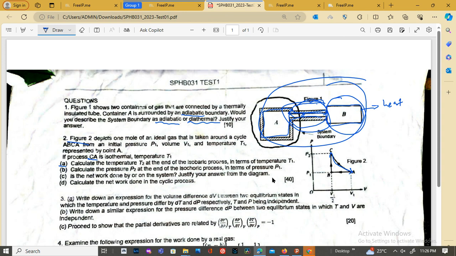You know what isobaric means? Isobaric means you will have P1 equal to P2. The pressure is going to be constant. And then we say isochoric.